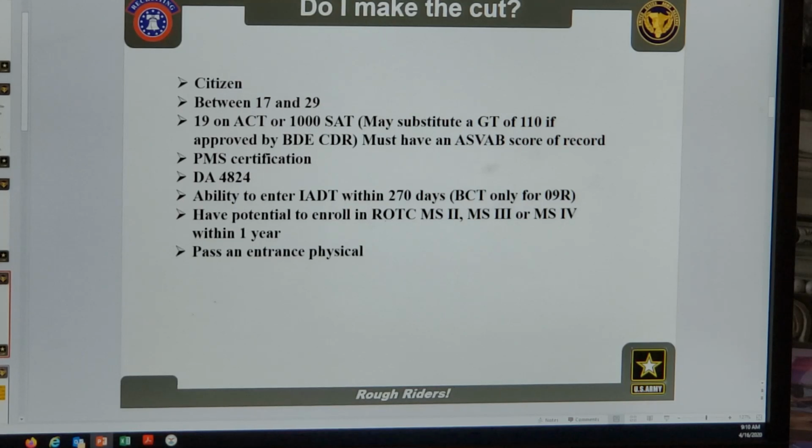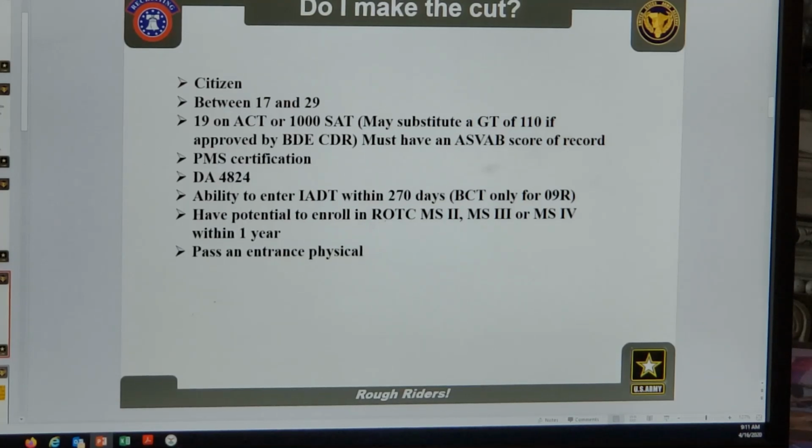You've got to be between the ages of 17 and 29. 29 is the cutoff for ROTC. There are waivers and things like that, but I don't know when the last time you ran into a 35-year-old that said they wanted to do ROTC. It's probably not all that common. So we can focus on who it actually is, 17 to 29-year-olds.